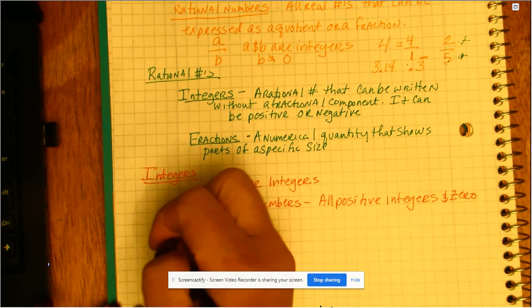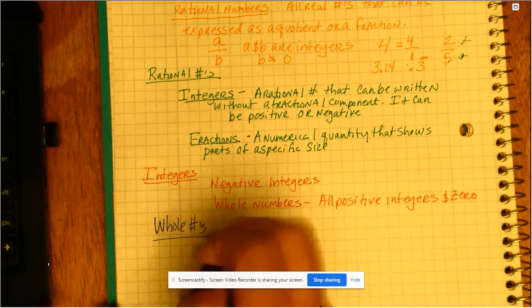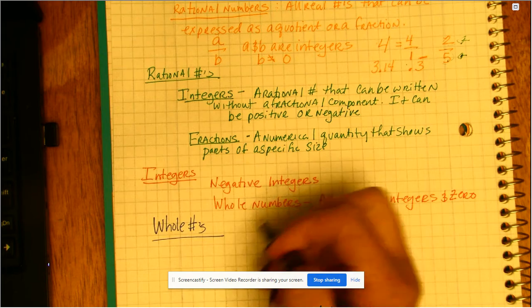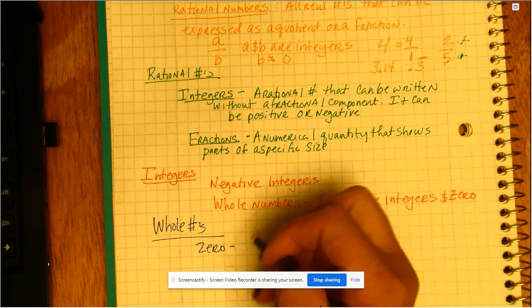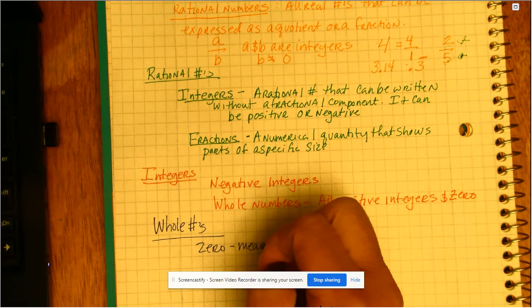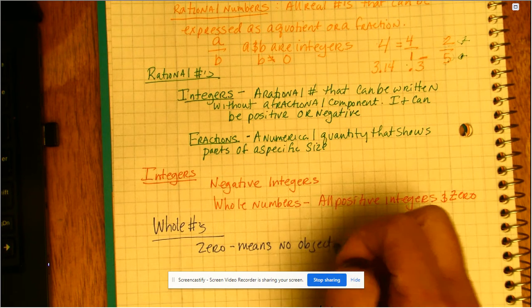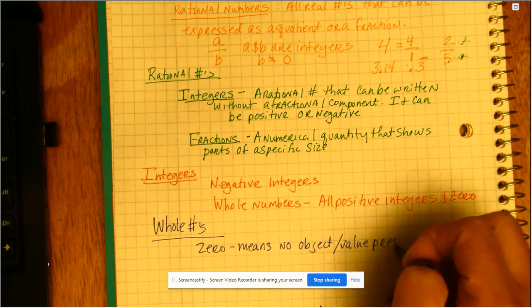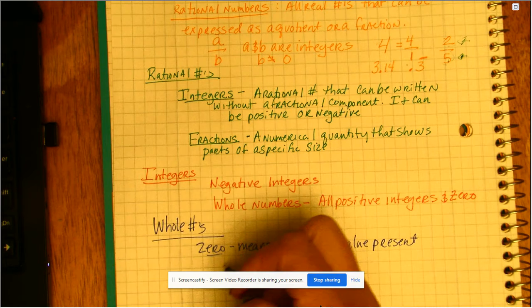From there, we have whole numbers, and they break down into 0, which we know means no objects present, or we can say no value present, and natural numbers.